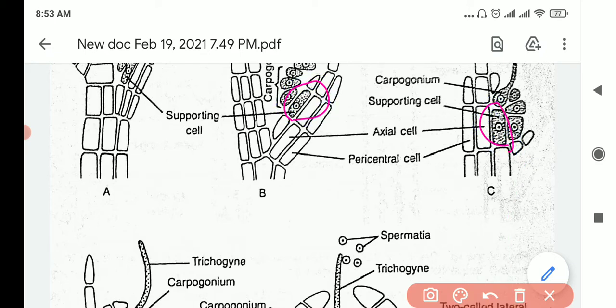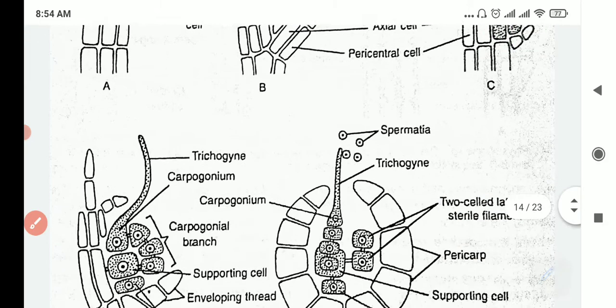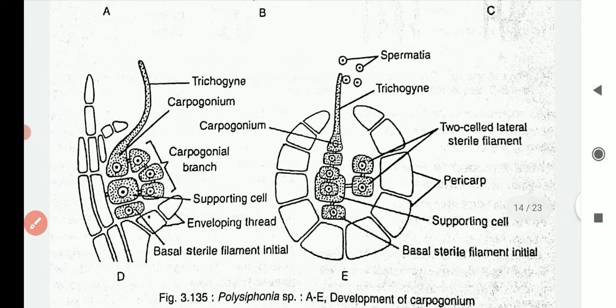Remember, the supporting cell was just staying like that, not doing anything, while the other cells did everything. Now this supporting cell will release sterile initials, one at the base and one at the side.